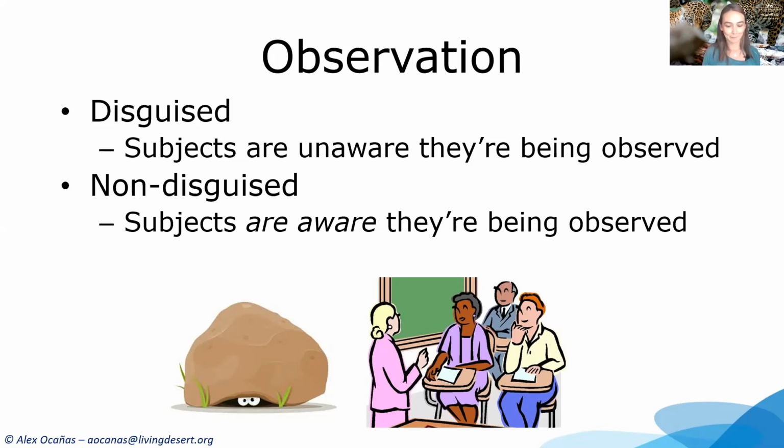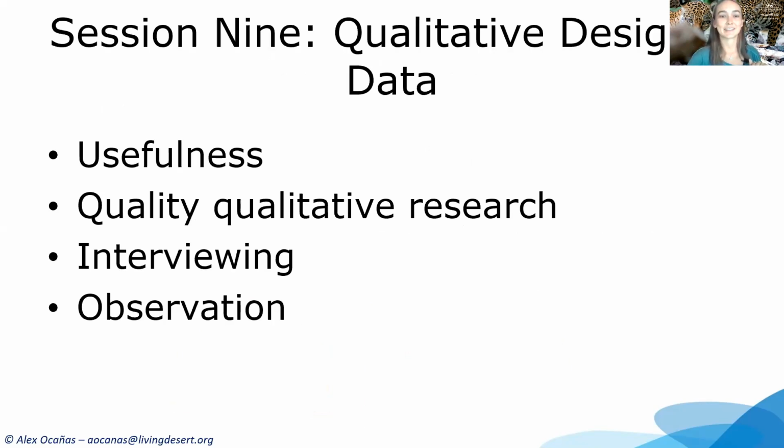So the non-disguised observation is an interesting one because of the influence that you as the researcher have on people, and it would probably be more suited for lab type studies, not a field research study. Anyway, I'm going on a tangent there.